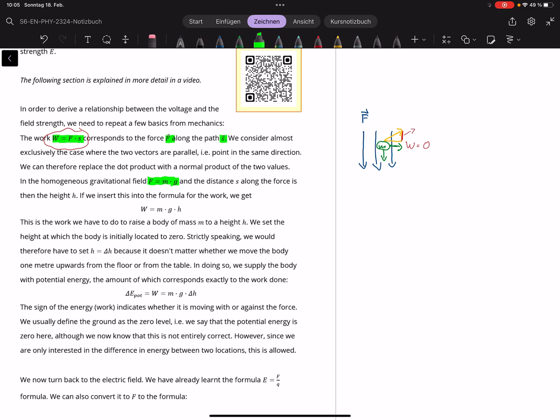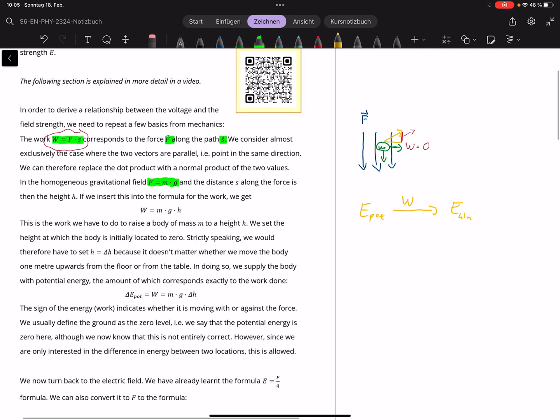So as we know from S5, when energy is converted into a different form of energy, for example, potential energy is converted into kinetic energy, we need work. And in that case, it's, for example, acceleration work.